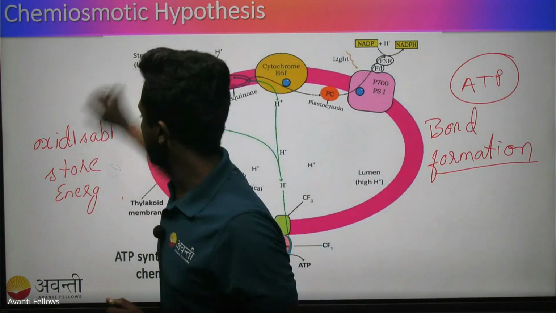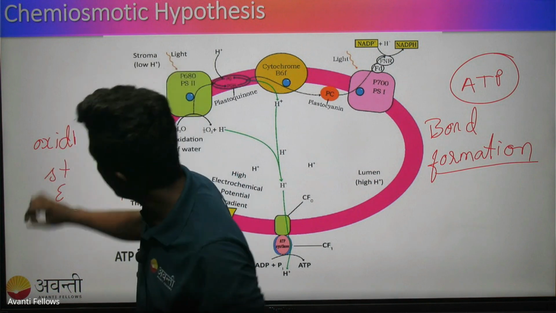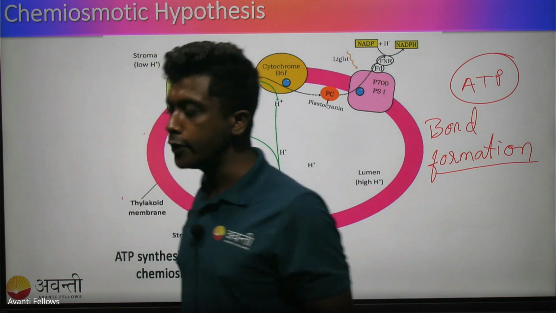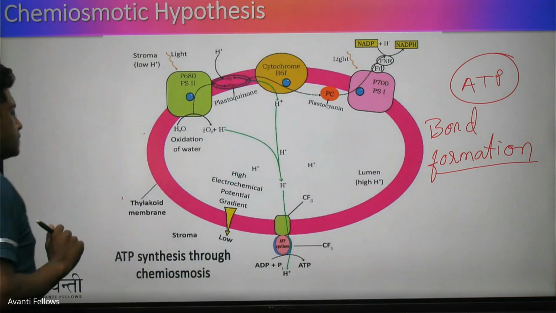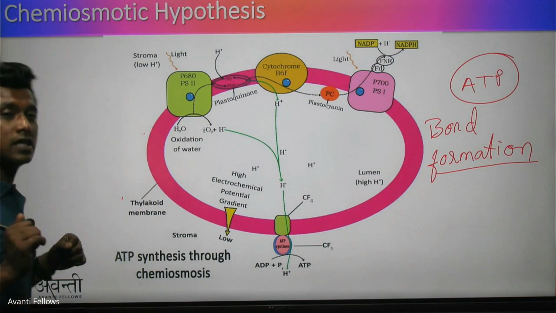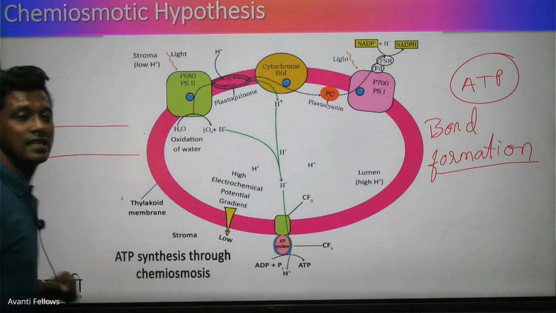We know that ATP synthesis is credited to mitochondria a lot. In mitochondria, we have a system called the electron transport system. In this electron transport system, a proton gradient is created.